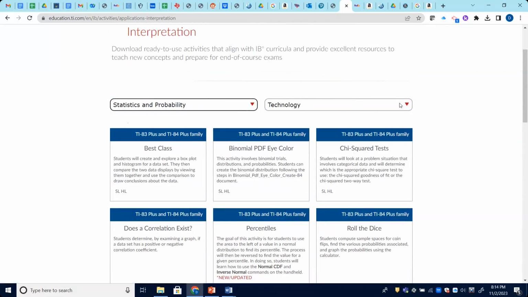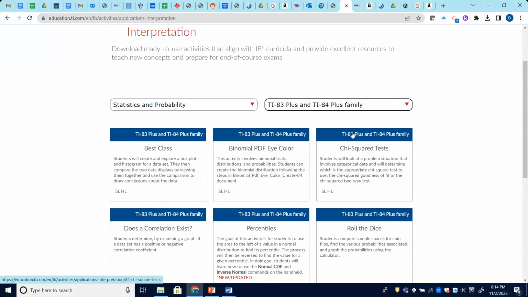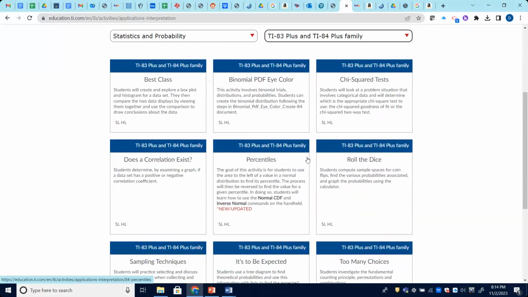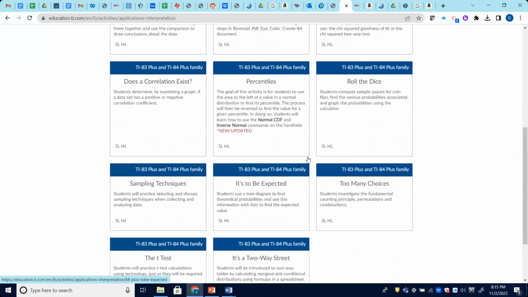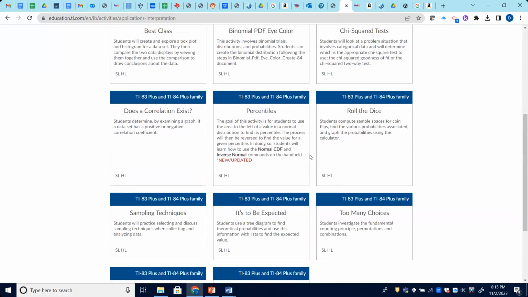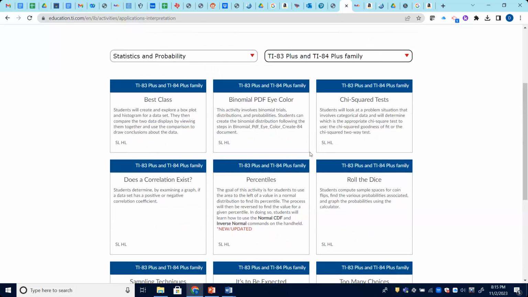But if you're an 84 user, you would click on the technology tab, and here's what you're given. What we have currently for the applications and interpretations are 11 activities for you to use to help you out with your classrooms, so use them as you can. We're going to go through one, just a quick little sample. What was the one that I wanted to do here?